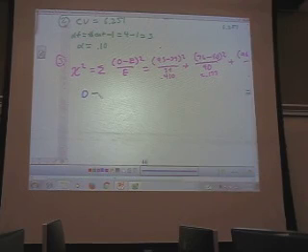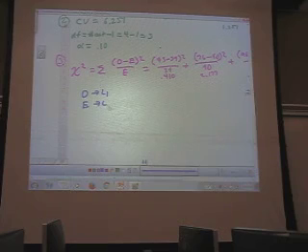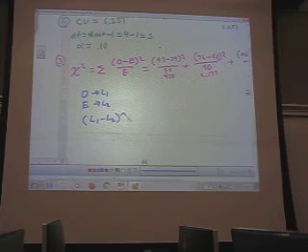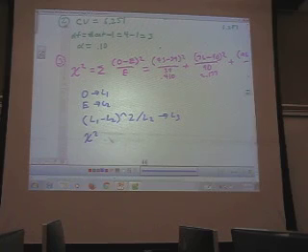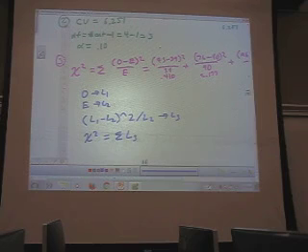You put your observed into list 1, put your expecteds into list 2, and you need L1 minus L2 squared divided by L2, and you put that into list 3. And then your chi-squared equals the sum of your L3s.